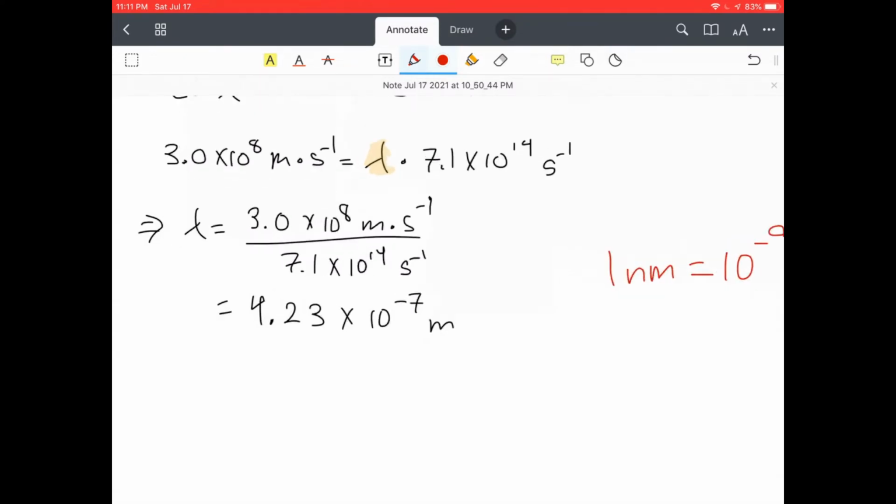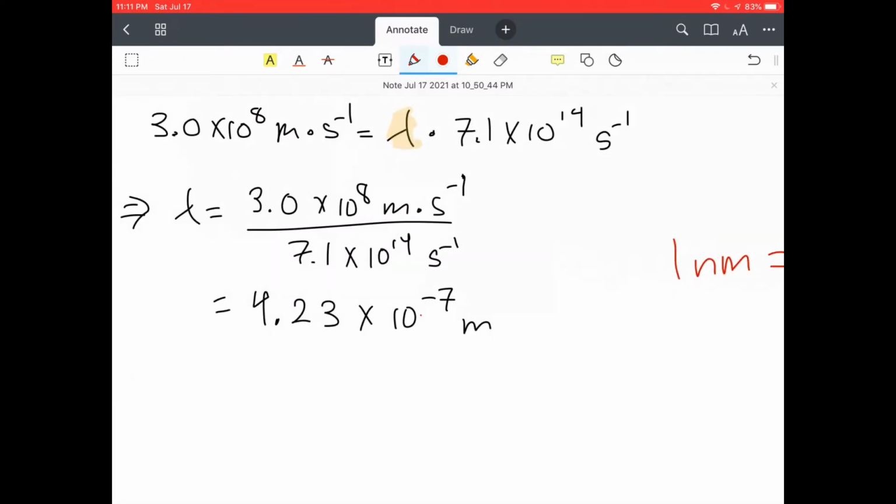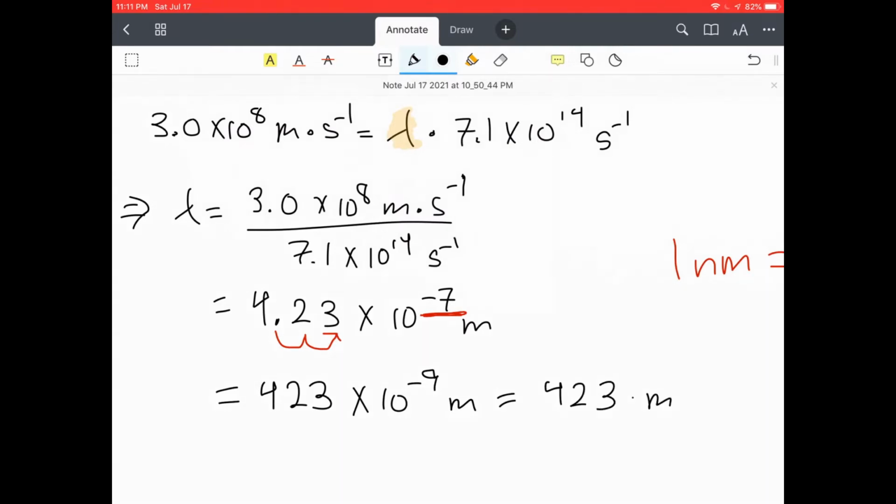So essentially what we need to do, in order to get this to 10 to the negative 9, is move this decimal place 2 places forward. And so that's going to give us 423 times 10 to the negative 9 meters, which is 423 nanometers.